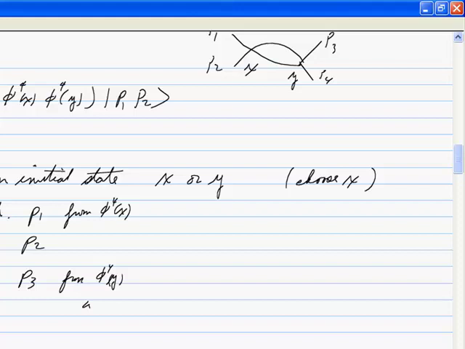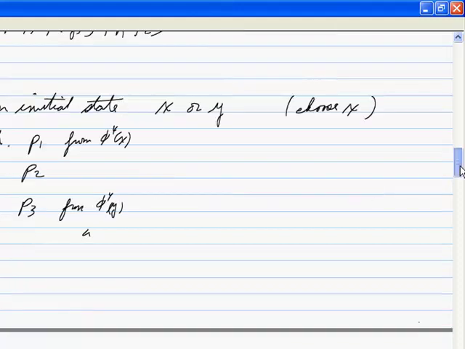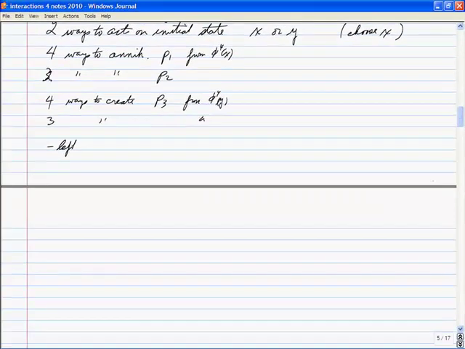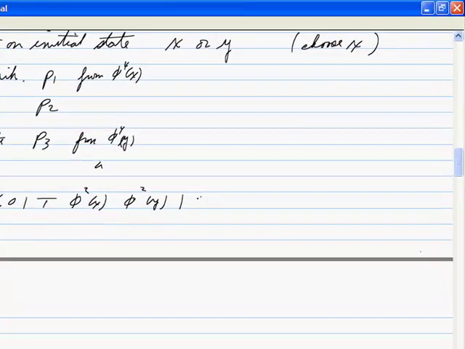Now I'm left over, at this stage, with the time-ordered phi squared at x, phi squared at y. Those are left over.